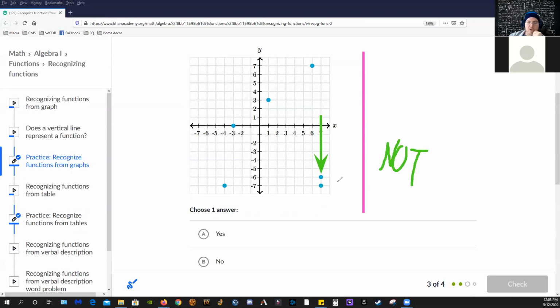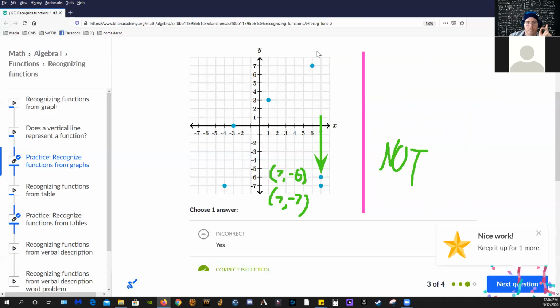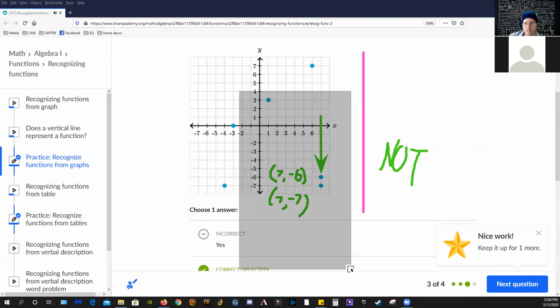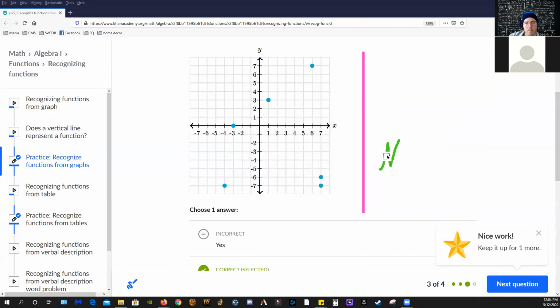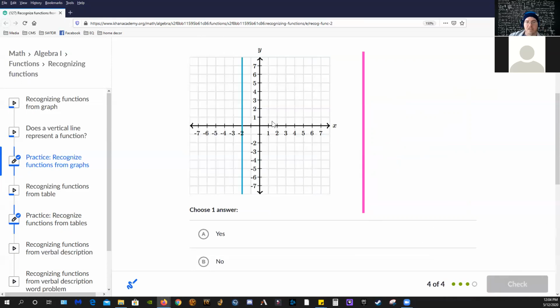This is not going to be a function because they're saying that you can have 7, -6, and you can have 7, -7, and that is no. You can't do that. So that is not a function. You can only use an x value one time. That's the rule. Oh, yeah, and this one, they're all using the same one, so no.